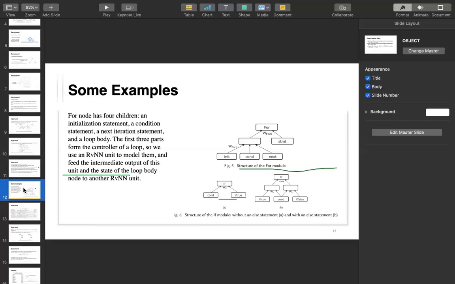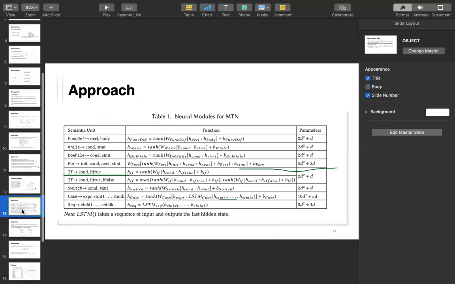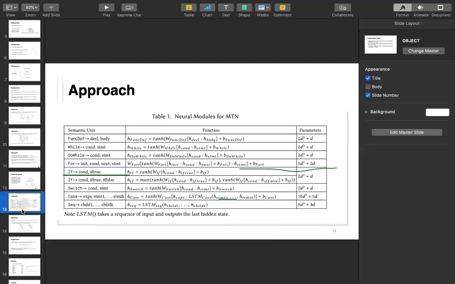Something similar. And here is a table showing all the 8 modules they have defined. Let's move fast to finish this presentation.